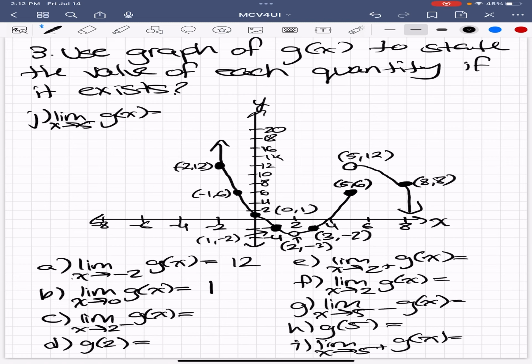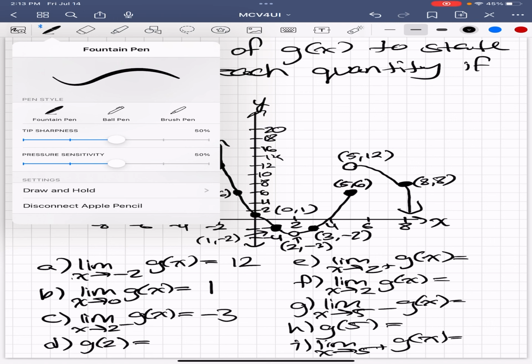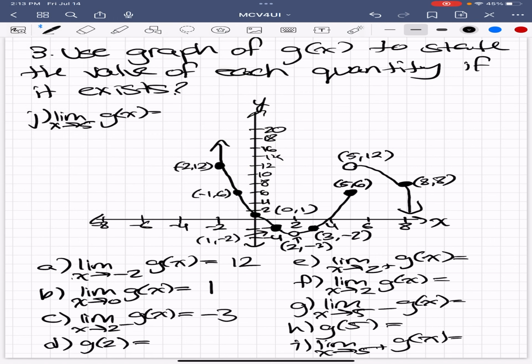What is the limit as x approaches 2, but the left side limit of g of x? As x approaches 2, the limit is negative 3. This is what I was mentioning before.